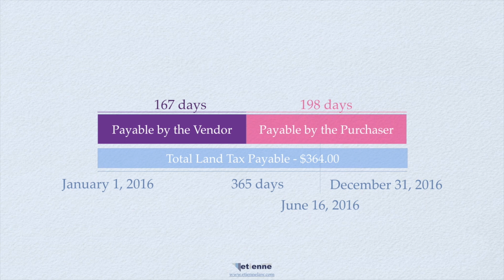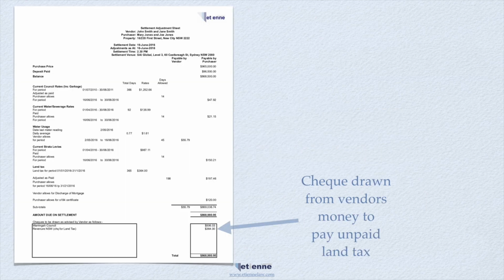You as purchaser have to pay 198 days, being the balance of the year till the 31st of December. Again, as with council adjustments, as we are adjusting on a paid basis, a cheque is drawn from the vendor's money to pay the unpaid land tax.